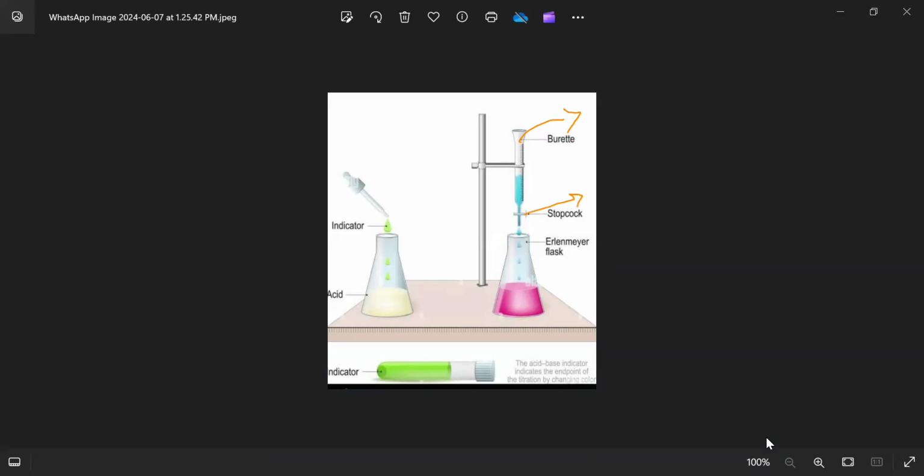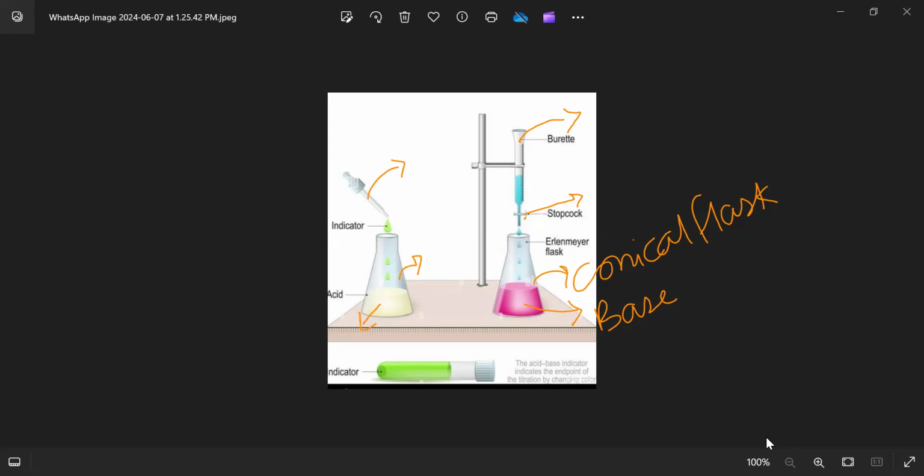This is the tap, and when you open the tap, the acid present in the burette starts falling into the conical flask, and this is the base present in the conical flask. This is a dropper, and from it you take the indicator from the container and add it into this conical flask, and this is the acid present in this.